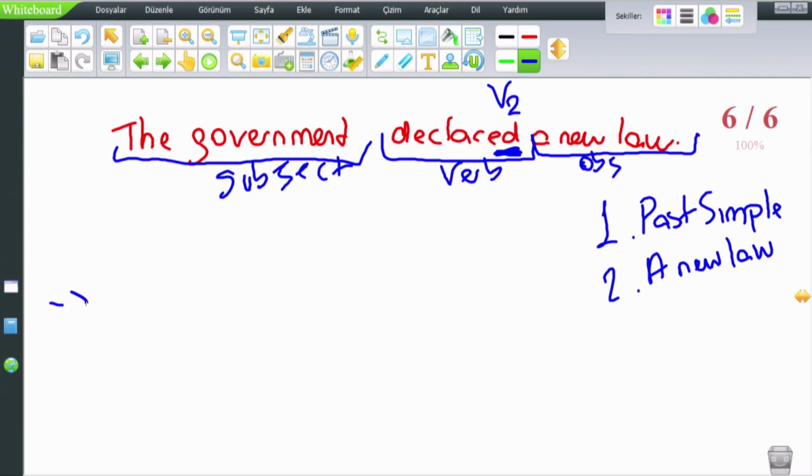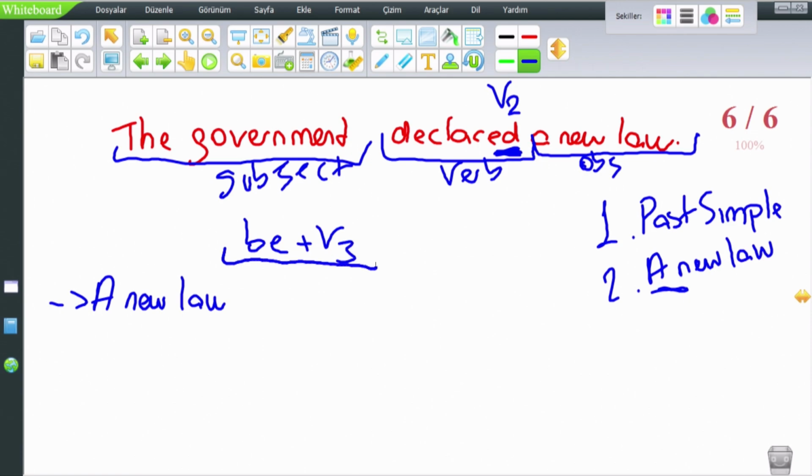Now I will start writing my new sentence using passive voice. I will start with the old object, which is a new law. Now I will use be verb 3 form. We said that when we're using past simple, I will either use was or were and then verb 3.